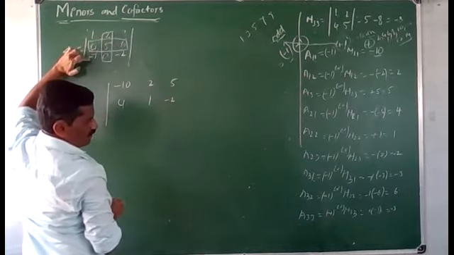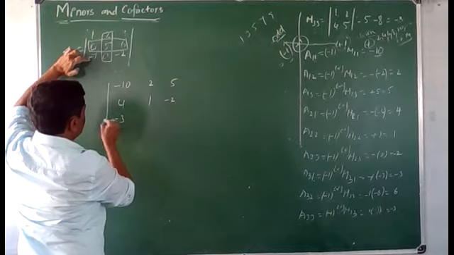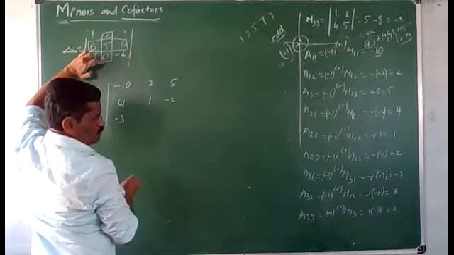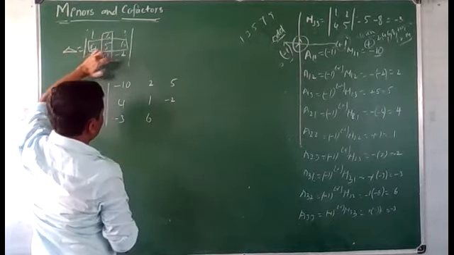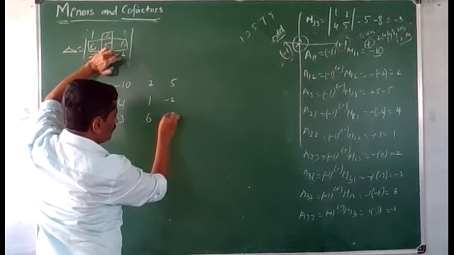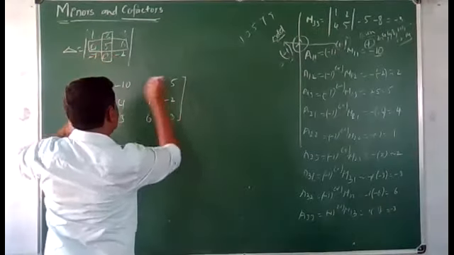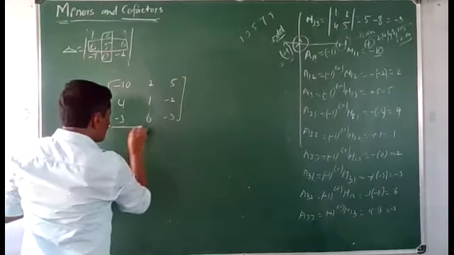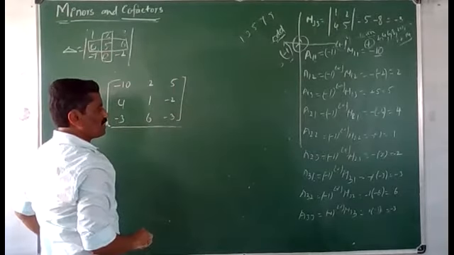What is the cofactor of minus 1? We have minus 3. What is the cofactor of 0? We have 6. What is the cofactor of minus 2? We have 3. So usually this is called the cofactor matrix.